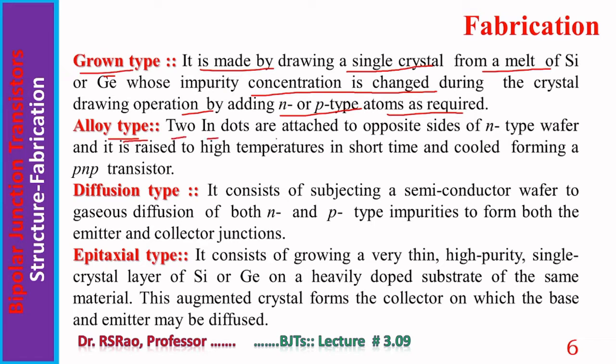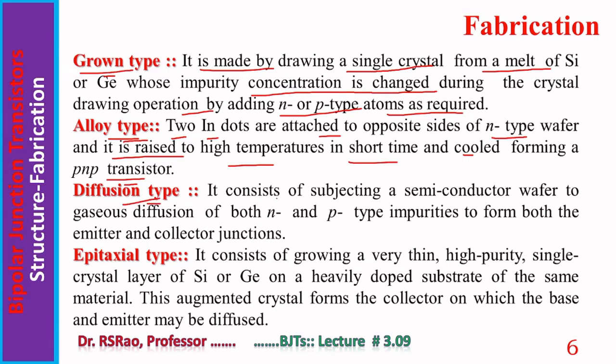Two indium dots are attached to opposite sides of an N-type wafer, and it is raised to high temperatures in a short time and cooled, forming a PNP transistor. Alloy type. Indium converts even N-type into P-type.